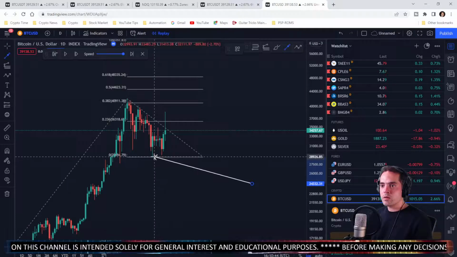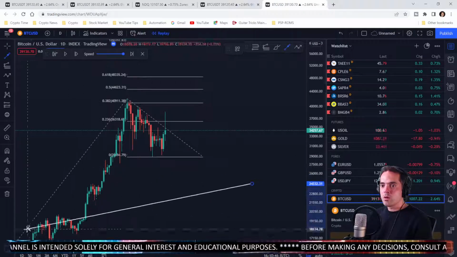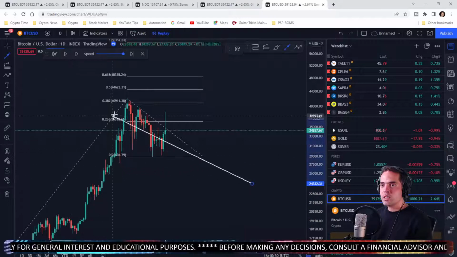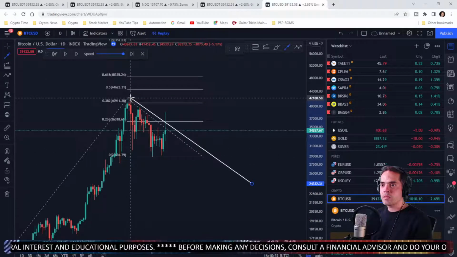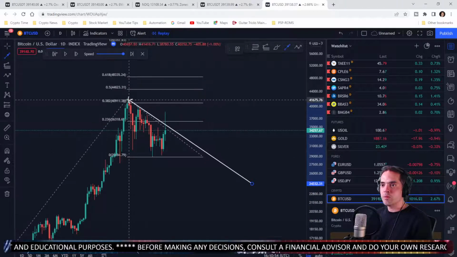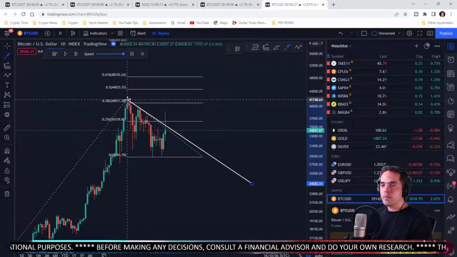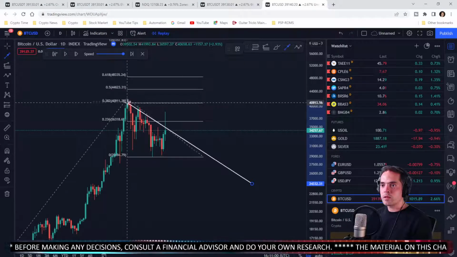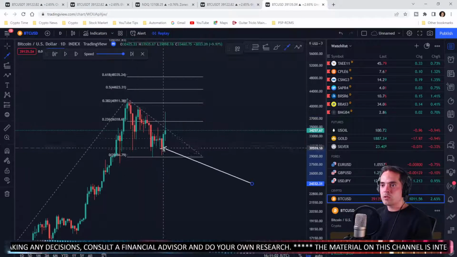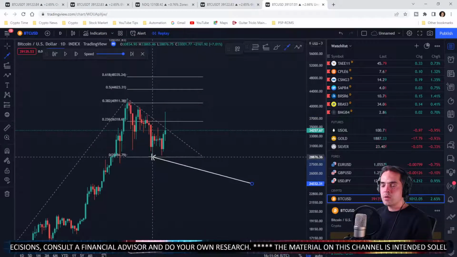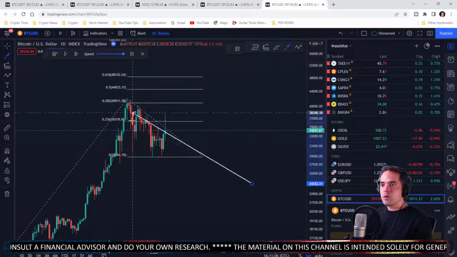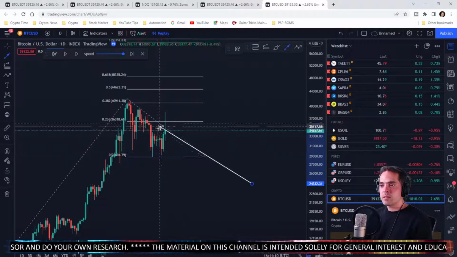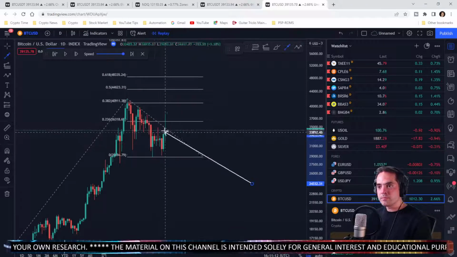So I picked the beginning of the movement, dragged the second point up to the all-time high, which was at this candle, and then dragged the tool down to the dip of the potential correction.